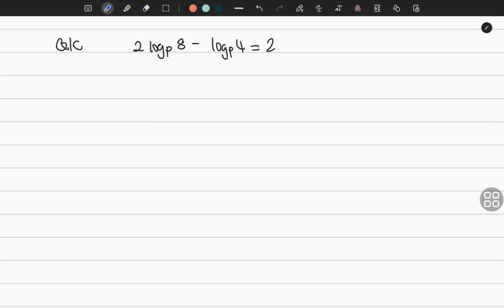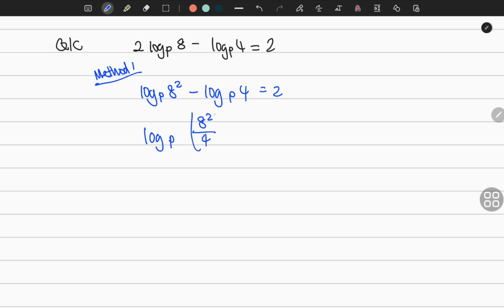In question 1c, I have log minus log equal to a number. So there are a few ways to do this. This is method 1. I'm going to simplify my left hand side first. Then since I have log minus log, that is basically just division. So I have 8 squared divided by 4.